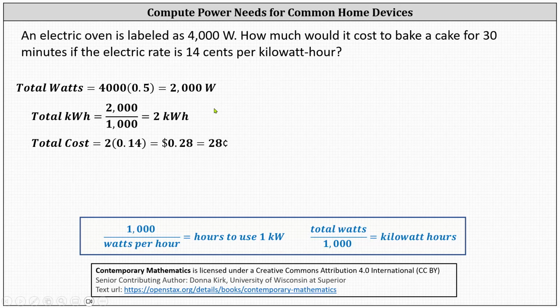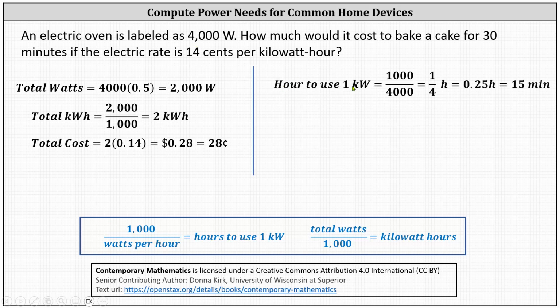And now let's solve this problem again using the first formula by determining the hours to use 1 kilowatt hour. To do this, we divide 1,000 by the watts usage, which is 4,000. 1,000 divided by 4,000 gives us 1/4 of an hour, or 15 minutes to use 1 kilowatt.